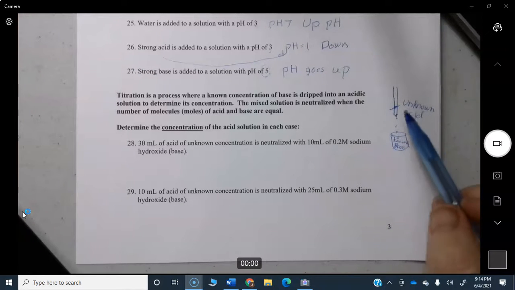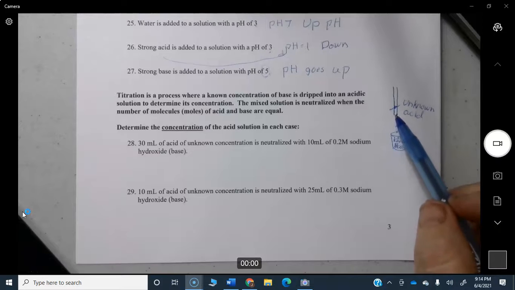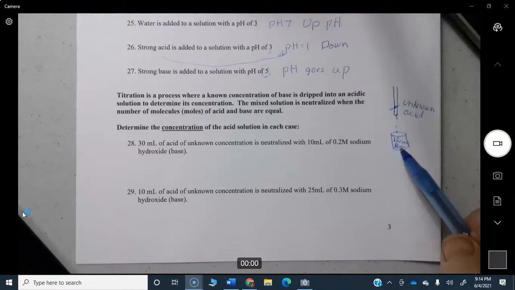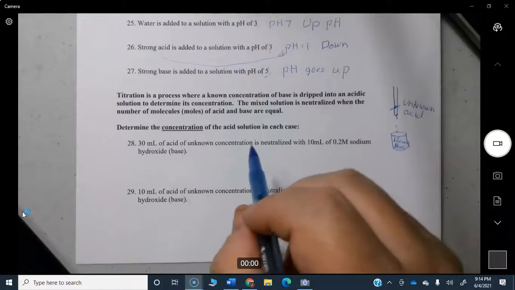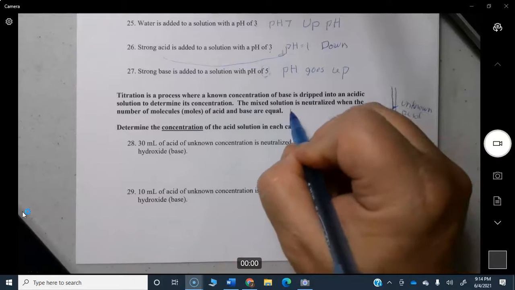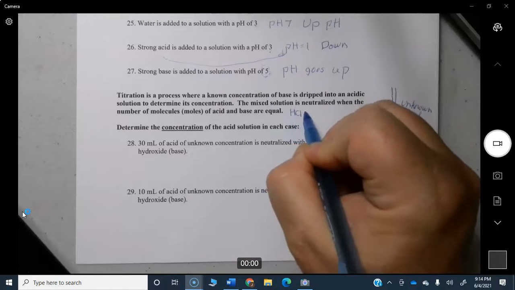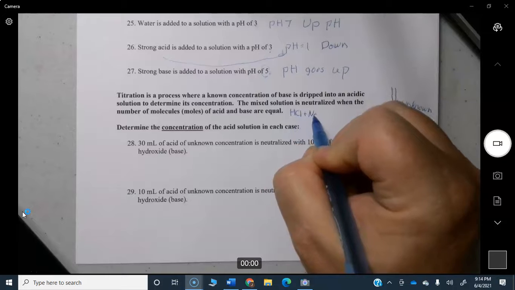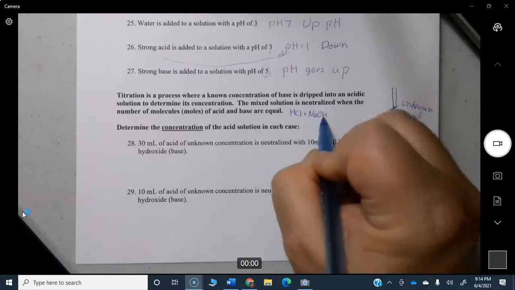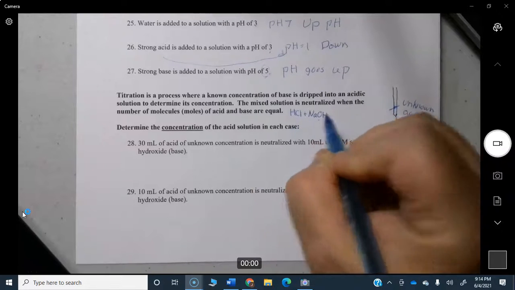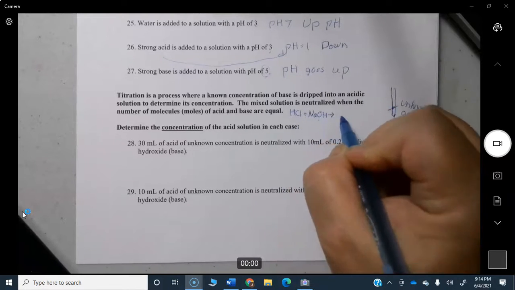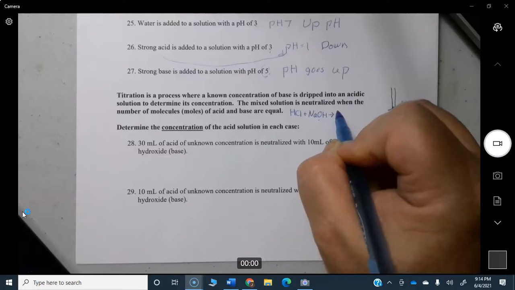What's going to happen is an acid molecule and a base molecule pair up. And when they pair up, they neutralize. So if we look at a reaction here, a strong acid, HCl, plus a strong base, NaOH. So that's a very strong base, very strong acid. They're going to produce a salt, S-A-L-T.